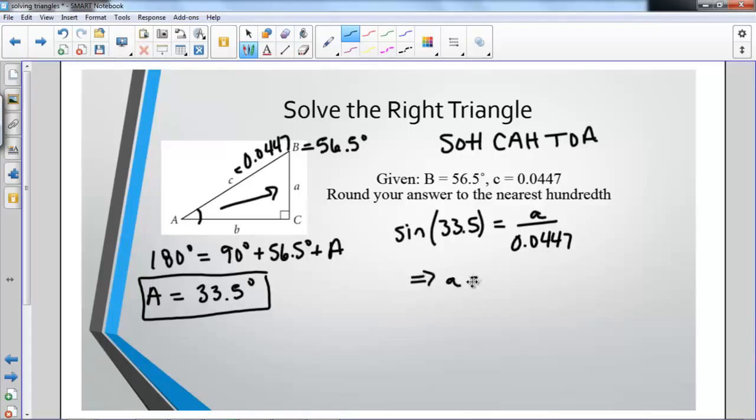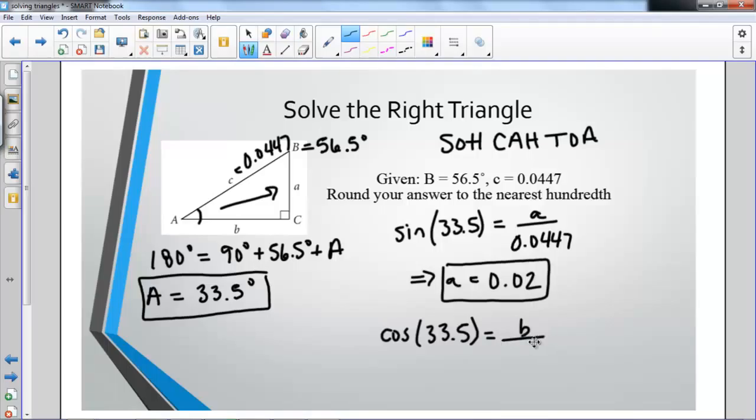Solving for a, I'm going to get 0.02, rounding to the nearest hundredth. Now we need to find the length of side b. With side b, I can use cosine of 33.5 equals adjacent, which is b, over my hypotenuse, 0.0447. Solving for b, I get 0.04.